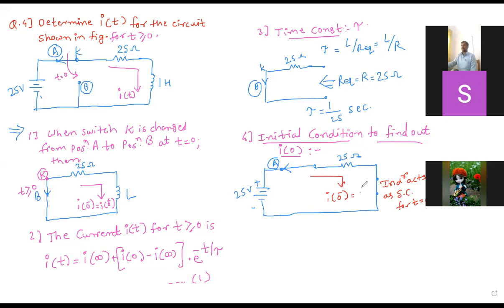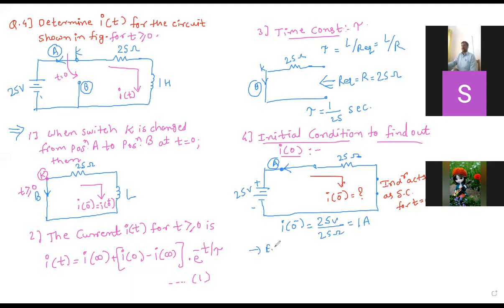What is the value of i of 0 minus? If you apply simple Ohm's law, 25 volt divided by 25 ohm gives 1 ampere.